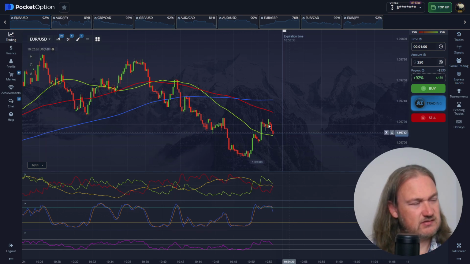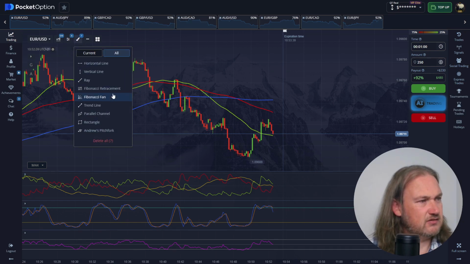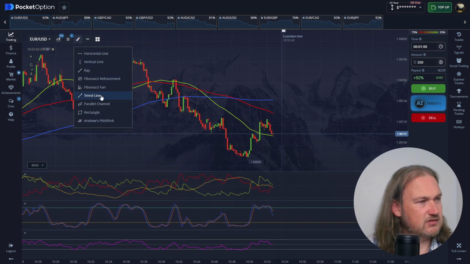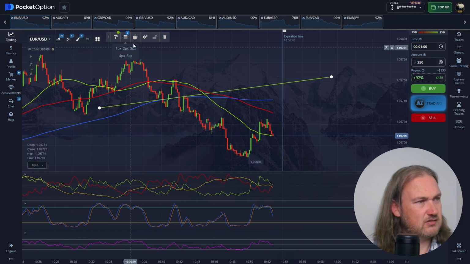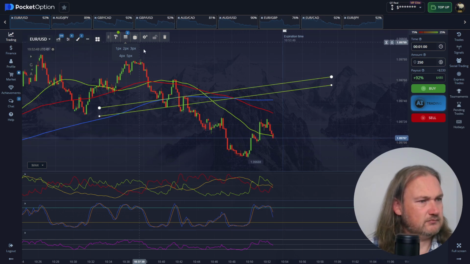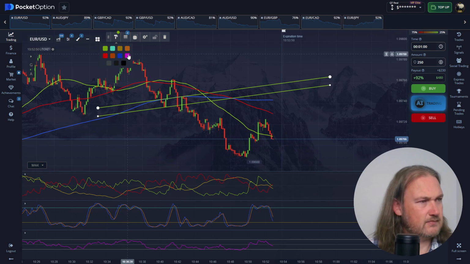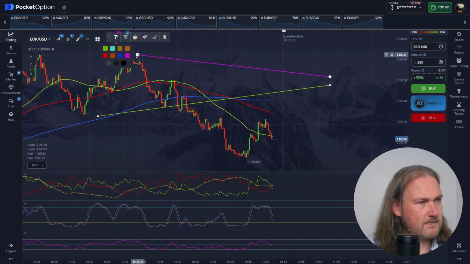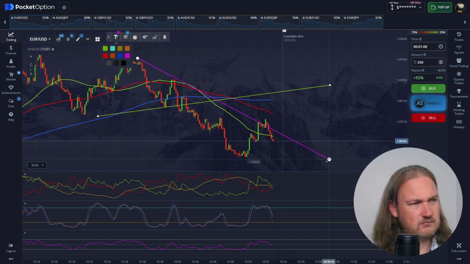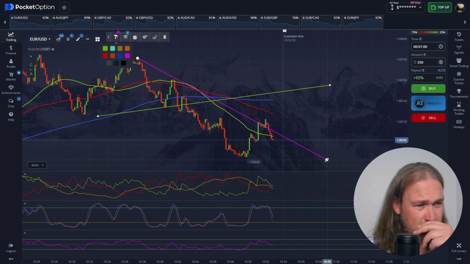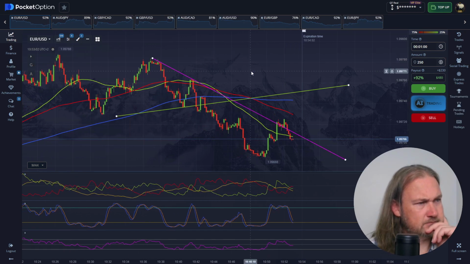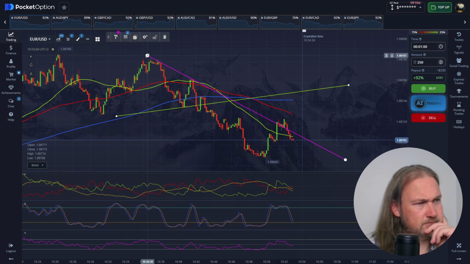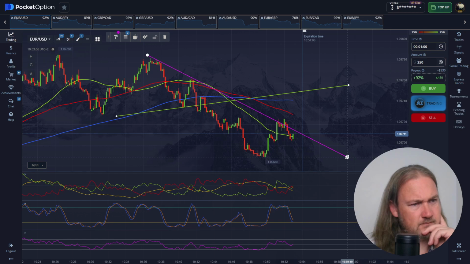We do have a nice trend line area coming out. Let's delete all this. Let's make this a bit thicker. Valid-ish.